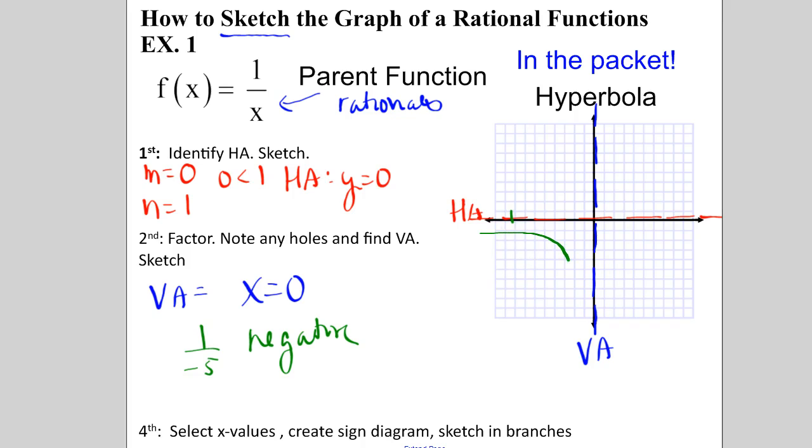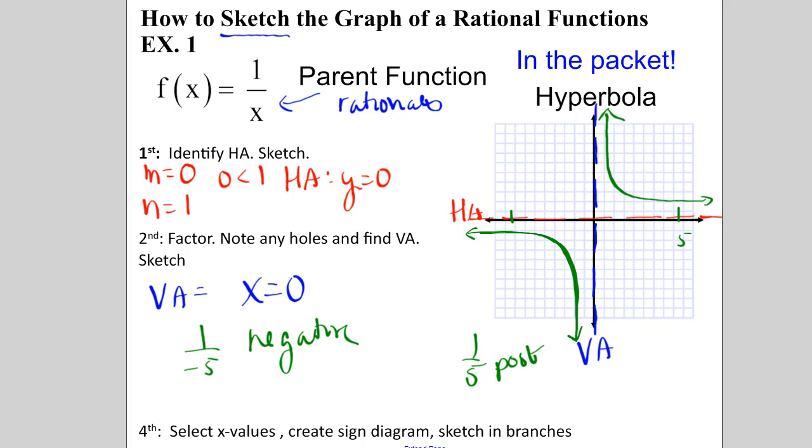Boom, my negative branch, this is how it looks over here. Okay, let's say I didn't pick negative 5. Let's say I picked positive 5. 1 over 5 is a positive number, which means my other branch goes over here. Once you check one, though, you don't need to check the other.